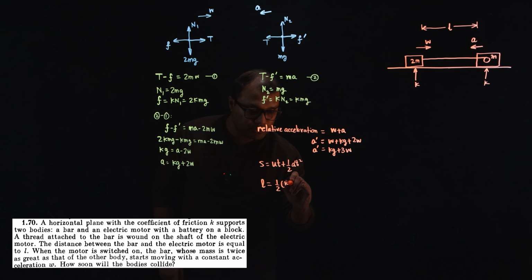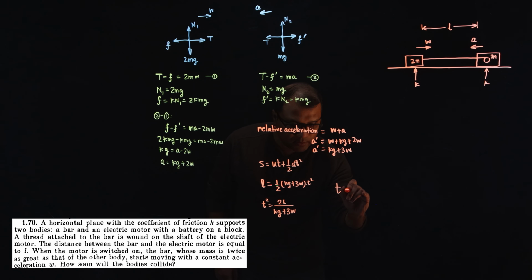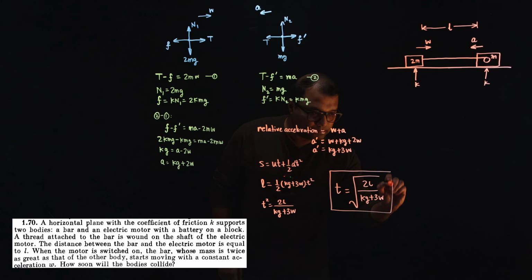So L equals half times (kg plus 3W) t square, or t square is 2L by (kg plus 3W). Or finally we can write t is root over 2L by (kg plus 3W). So that is our answer.